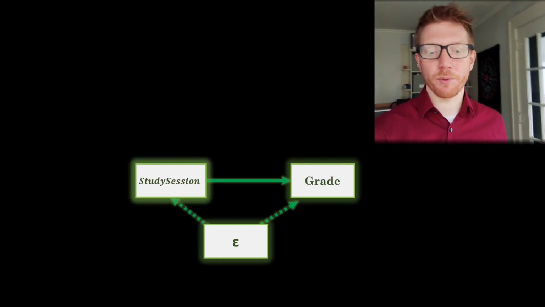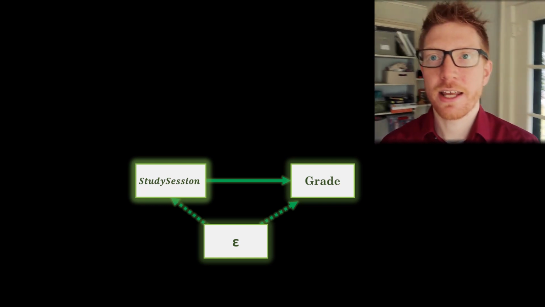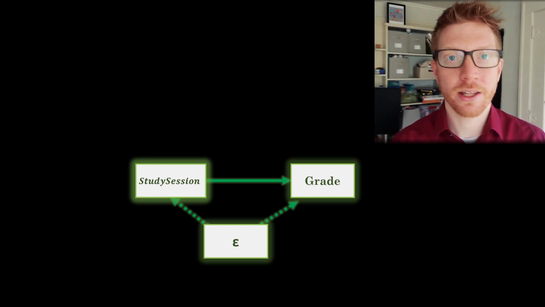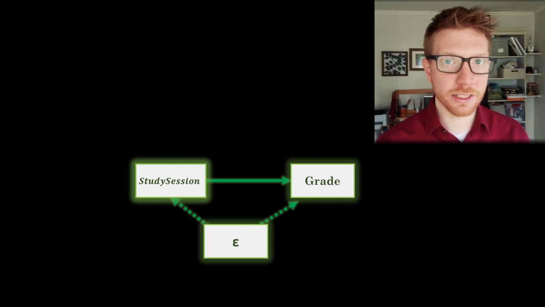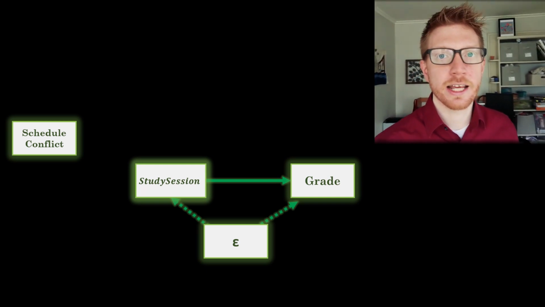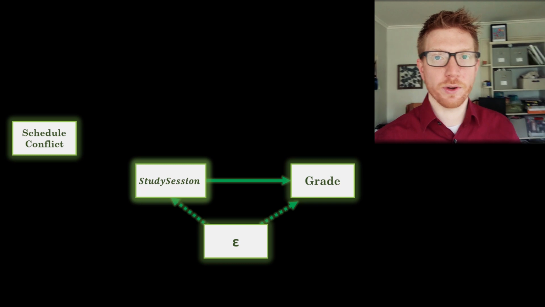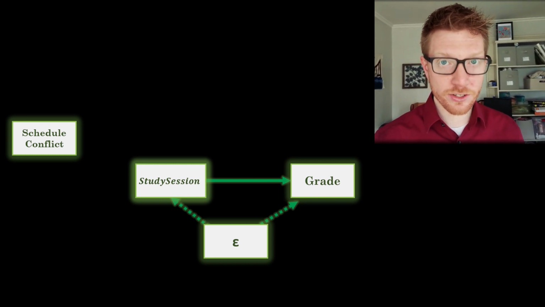Now, the example that we're going to use is how attending a study session impacts your grade. And we're going to think about having some sort of scheduling conflict as being our main variable that is going to be our instrument.